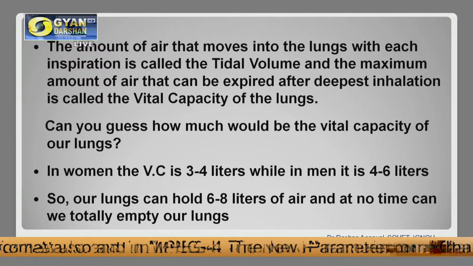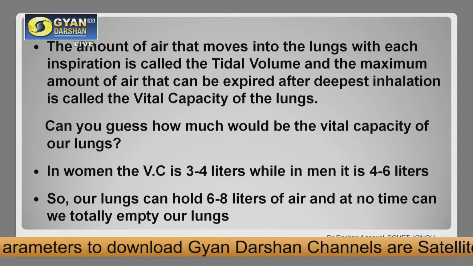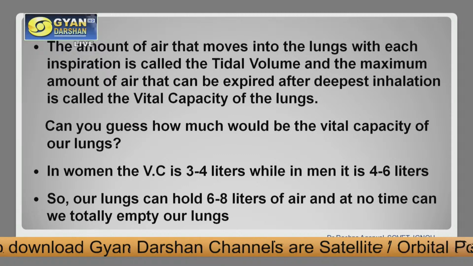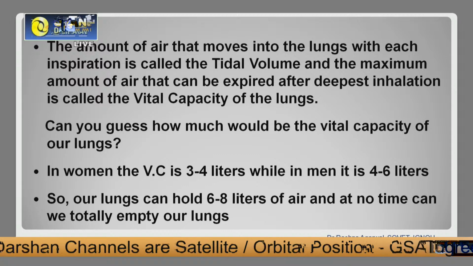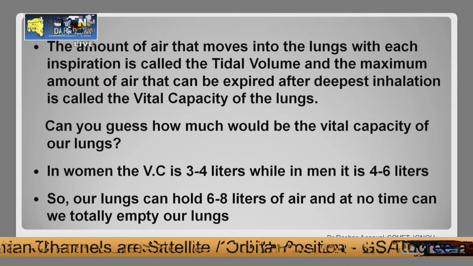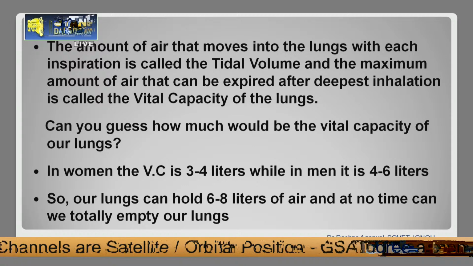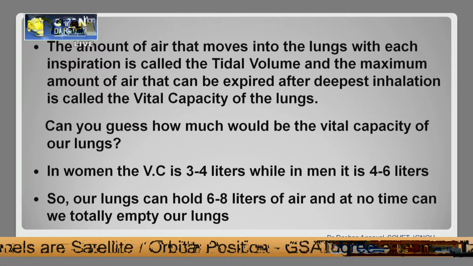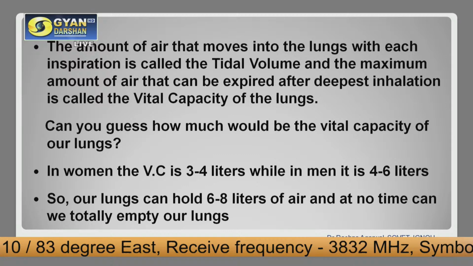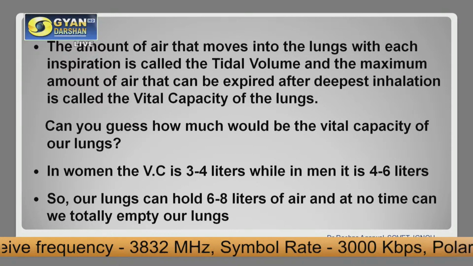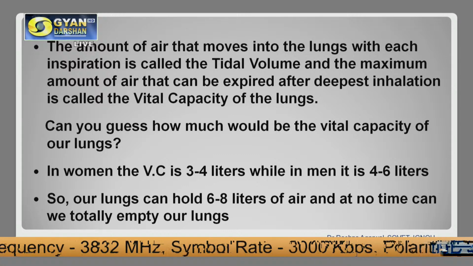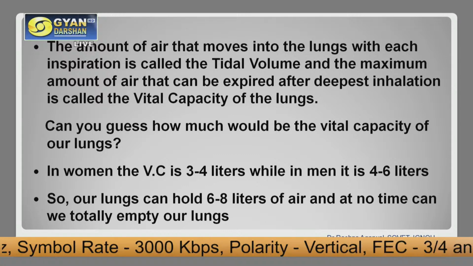The measurement of vital capacity will show how much air your lungs can accommodate, and whether any part of the lungs is unhealthy, not responsive, or not functioning well. If there is a disease, or some lobe which is not functioning properly, then your vital capacity goes down.